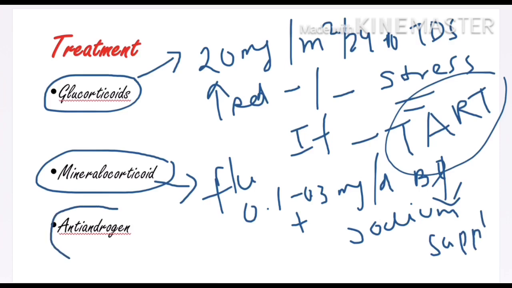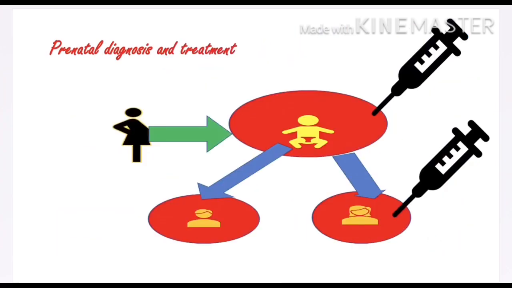Another newer approach is to give anti-androgen, because there is androgen excess, for improving outcome. And surgical treatment for ambiguous genitalia, we have vaginoplasty and clitoral recession. Now, how will you diagnose this condition prenatally and how to proceed in this case?